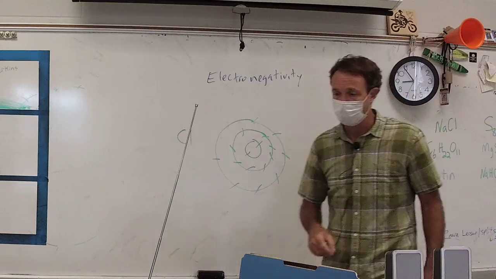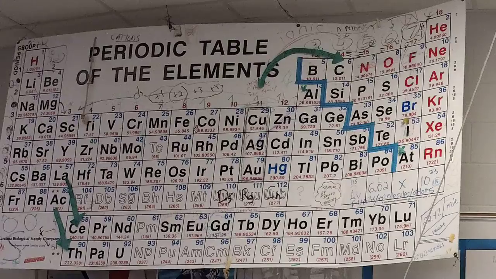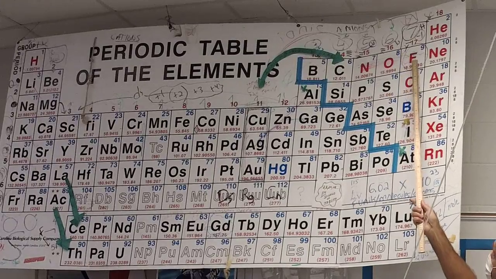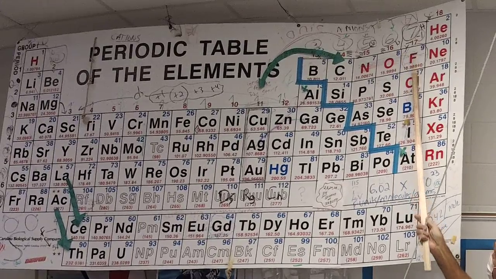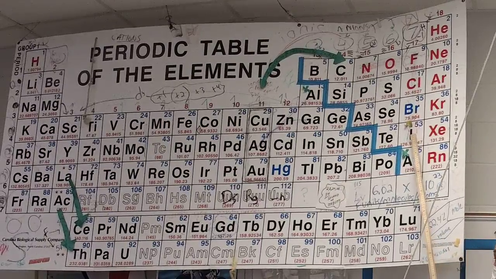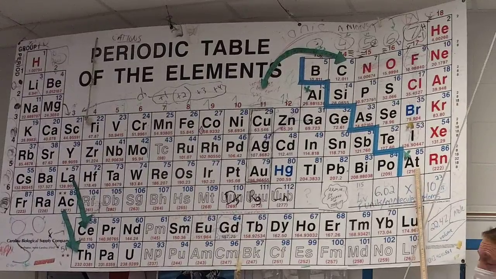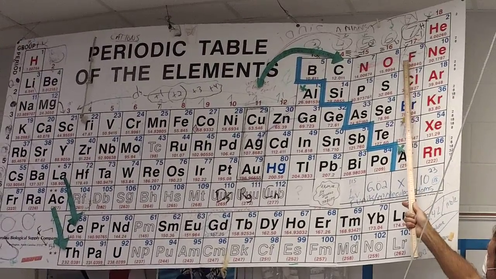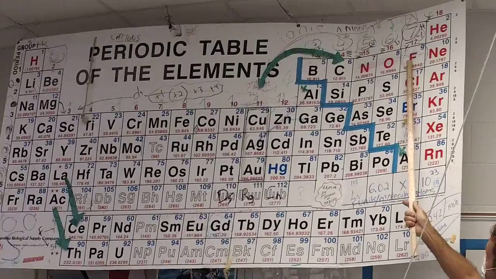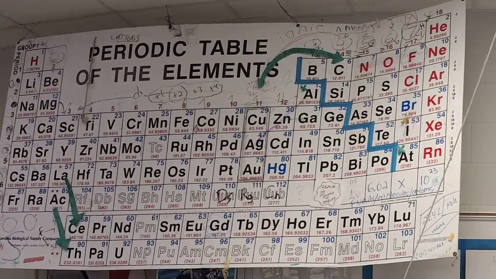Less, that's right. And for those of you at home, what she did was she looked here and she said, well, if fluorine is the very strongest one, then chlorine's got to be a little weaker. Bromine would be a little weaker. Iodine would be a little weaker. Astatine would be a little weaker, right? So fluorine is the strongest one. So chlorine is a little bit weaker, doesn't have quite the electronegativity.